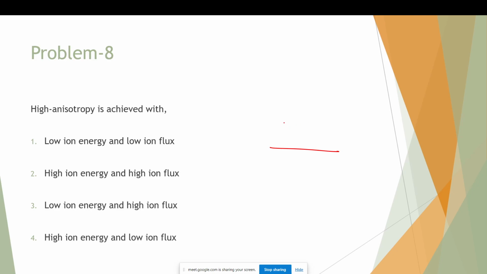One thing is reactive neutrals. They are not affected by ion energy or ion flux, so they are there all the time. So this is my PR. This is what is getting etched. Reactive neutrals will be there at the side walls, here, everywhere.